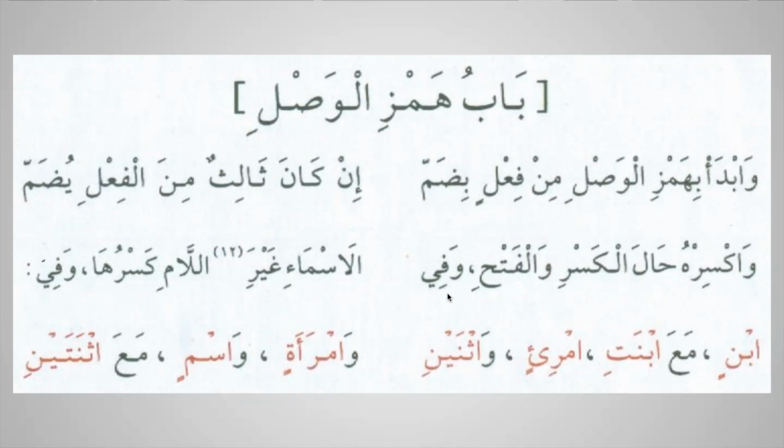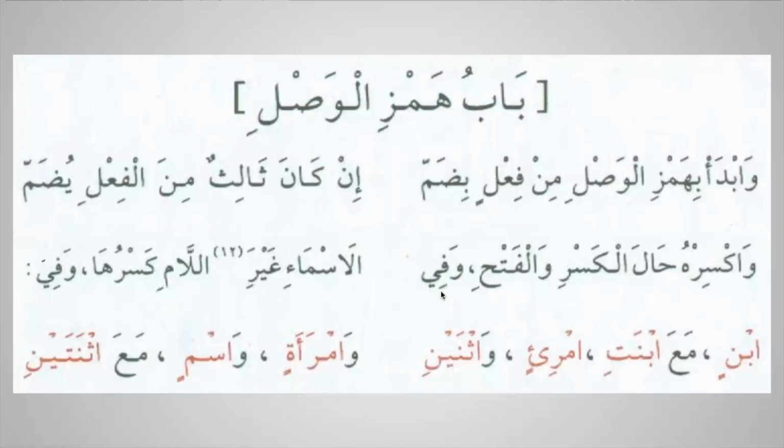Then he goes on and says, وَفِي الْأَسْمَاءِ غَيْرَ اللَّامِ كَسْرُهَا. And also in nouns other than al-lam, meaning other than al-ta'rif, kasruha. So all nouns will start with kasra if they have hamzatul wasl at the beginning, excepting a noun that has al-ta'rif at the beginning, it will have fatha. And this second word, wafi, should have a shadda on it.